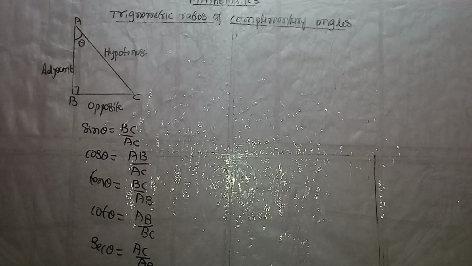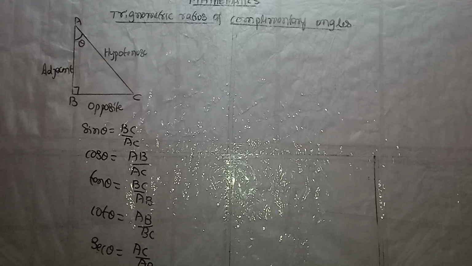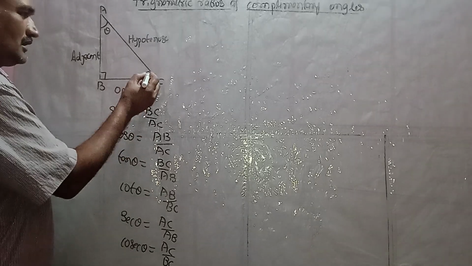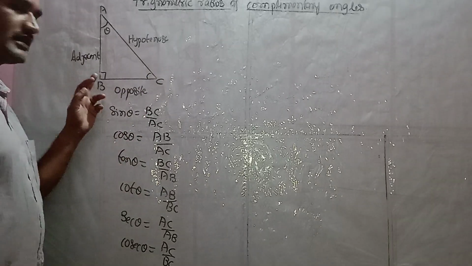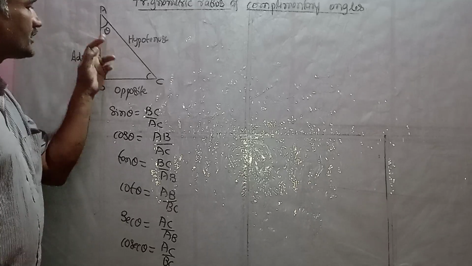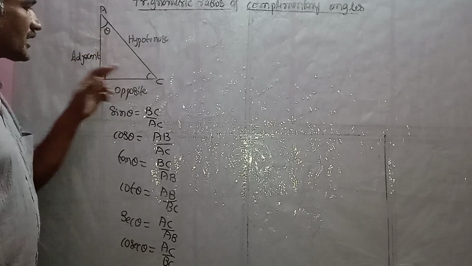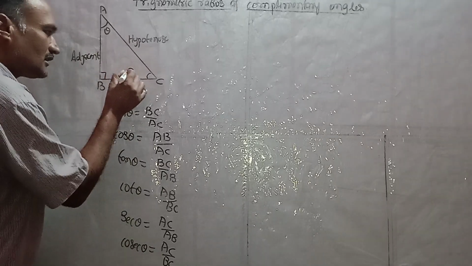Now we have to find complementary angles. Look at angle C, dear student. Here it is 90 degrees. So the sum of these two angles is 90 degrees. So if this angle is theta, this angle will definitely be 90 minus theta.